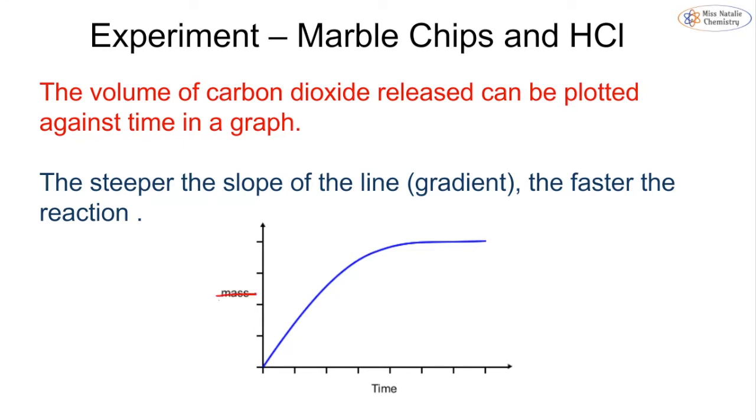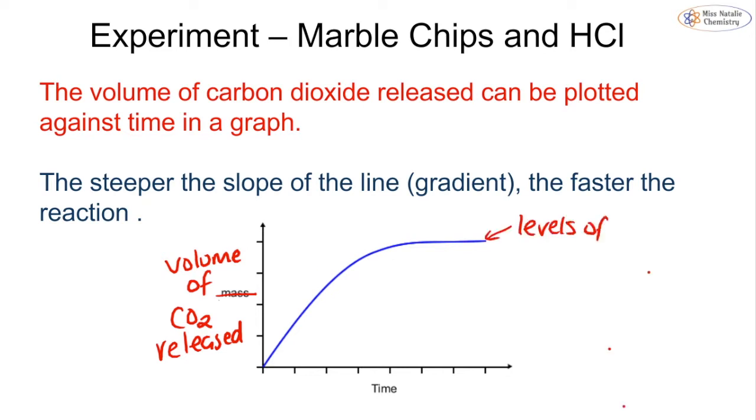So this is your volume of carbon dioxide released, and we plot that against time, and we get this nice curve happening here until it levels off, and when it levels off, that means the reaction has stopped.